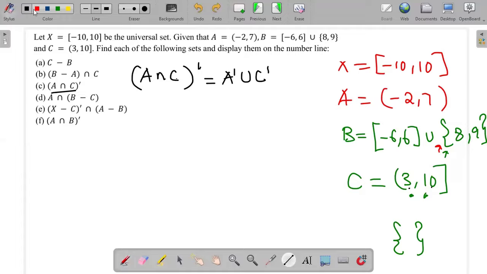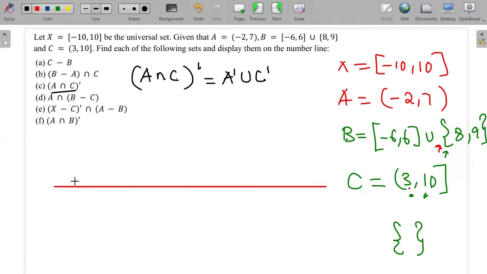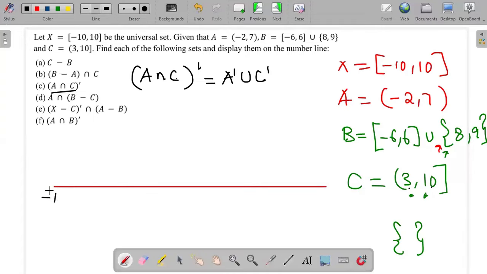So we have a number line like that, and the universal set here is from -10 to +10. The -10 is included, so I'm shading it, and the +10 is also included. Where is my A intersection C?